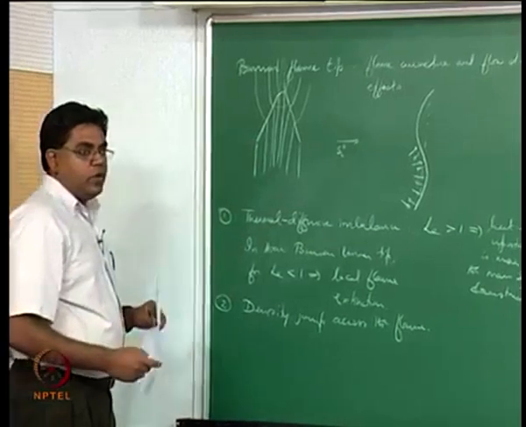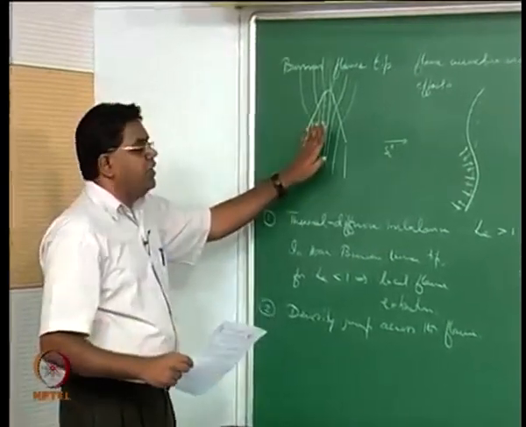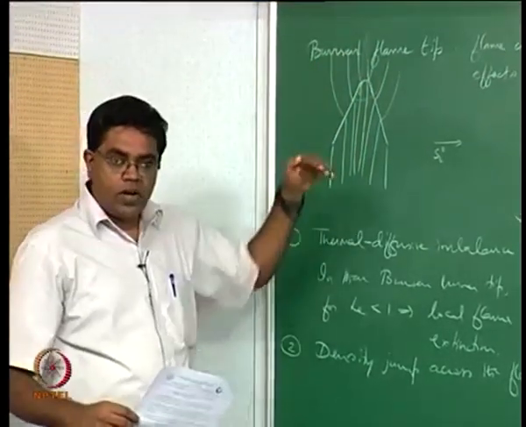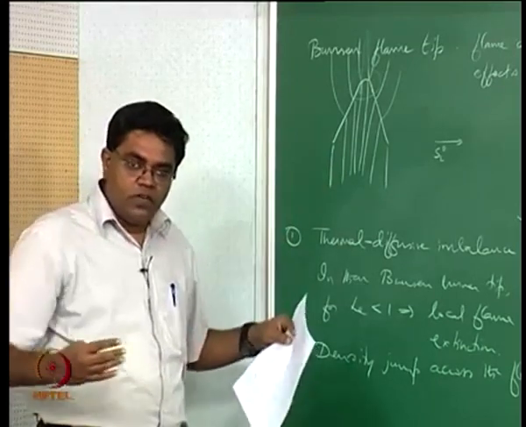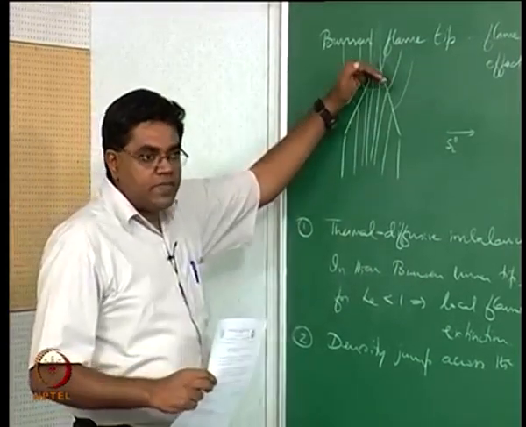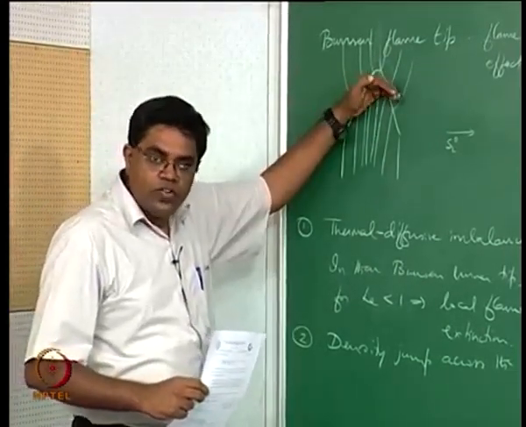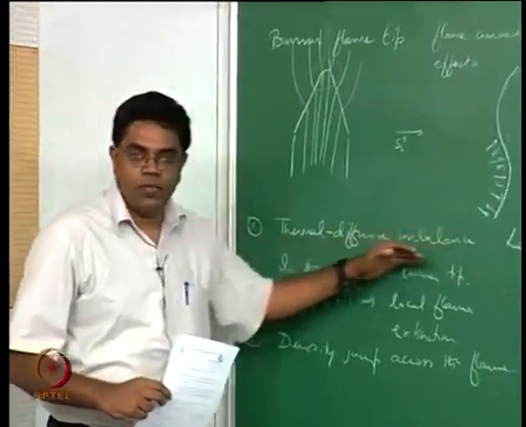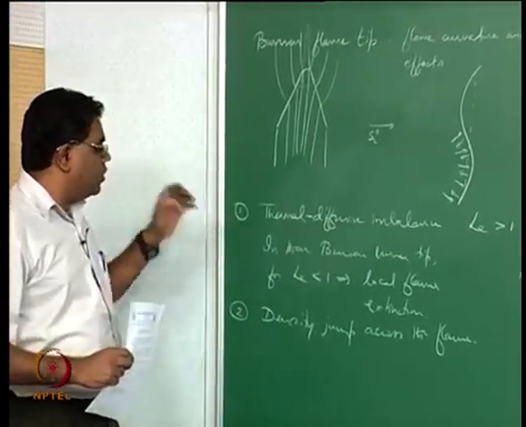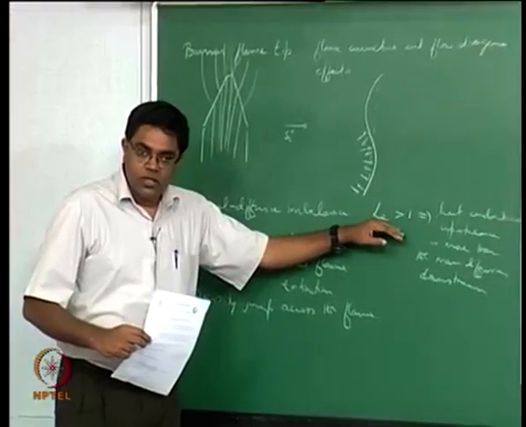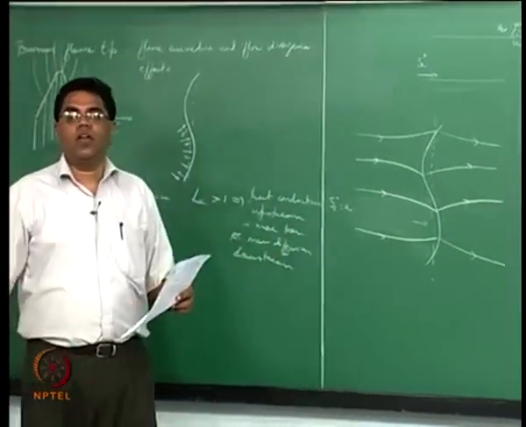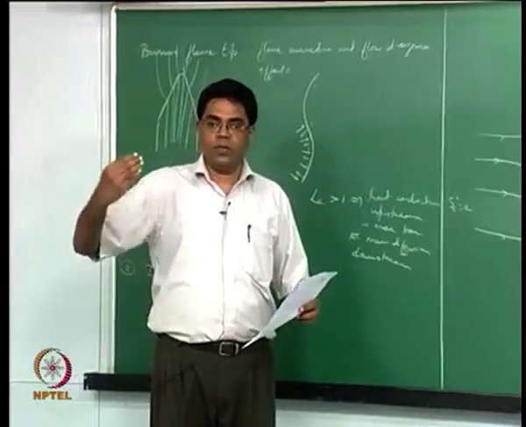Put another way, the flow speed is actually greater than the unstretched flame speed, and at the tip, because you now have a concave curvature, the flow tends to actually converge and flow faster. That means the flame speed has to increase much more to counter that, and that would be through the thermal diffusive imbalance. That is obviously possible mainly when you have a Lewis number greater than 1, but still since this effect is countering that, even when you have a Lewis number greater than 1, you could have conditions of local extinction.